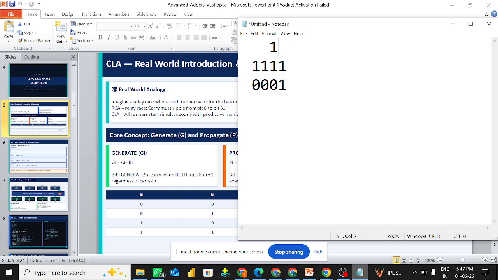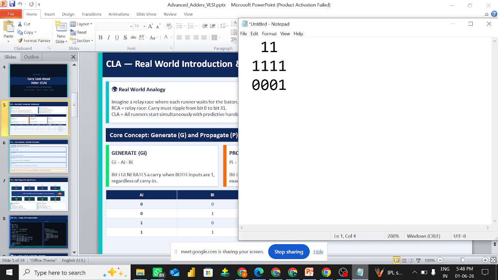So what happens when you have one input as 1 and you have one carry? Now you have a carry, right? So the propagate signal is going to say to propagate that carry to the next bit. It's nothing but going to transfer that carry.